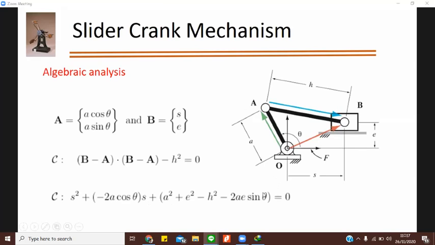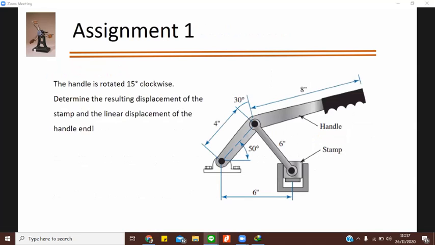Now here you have your assignment. For the slider crank part, the handle you are seeing here, what is it actually doing? It's a stamping mechanism that you are seeing. The handle is rotated 15 degrees clockwise. This handle right now is at 50 degrees. The handle will rotate 15 degrees clockwise.